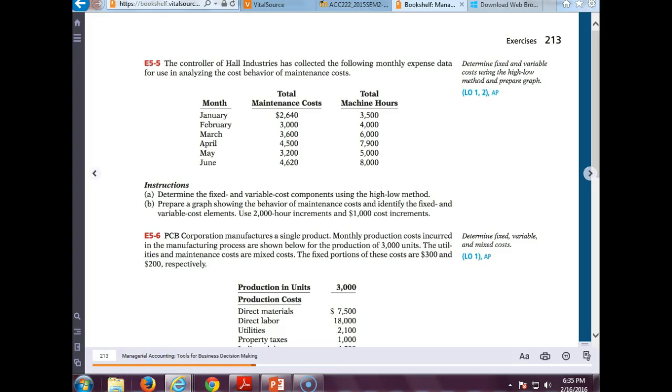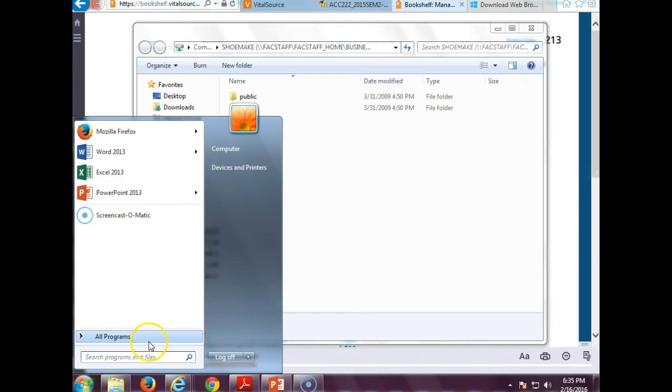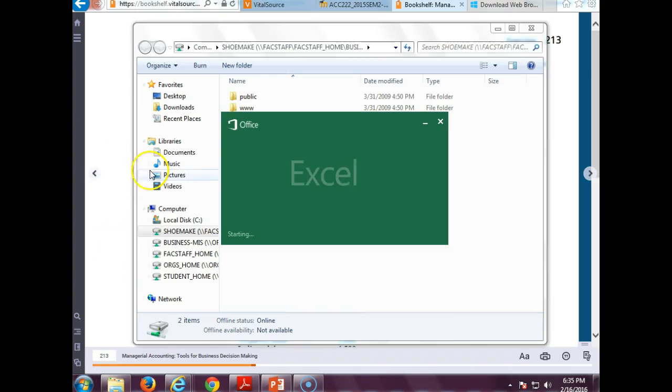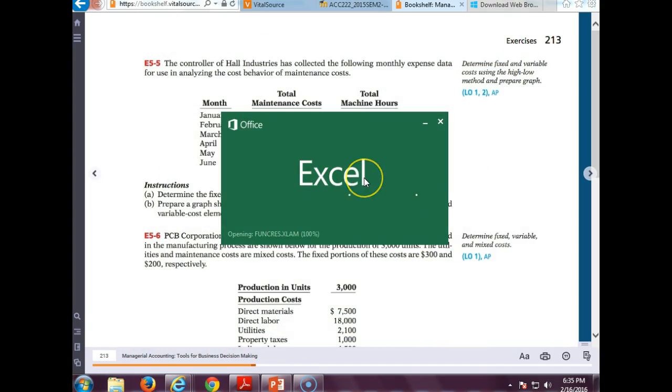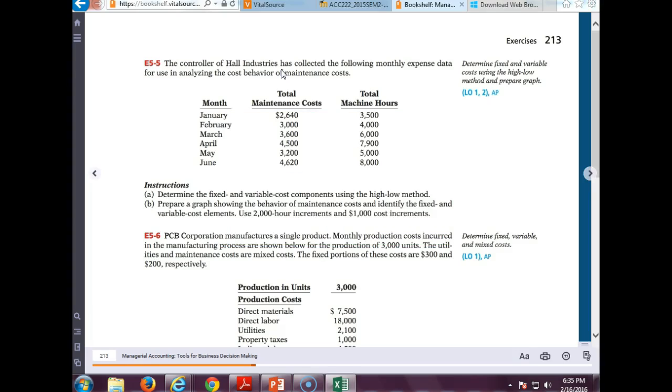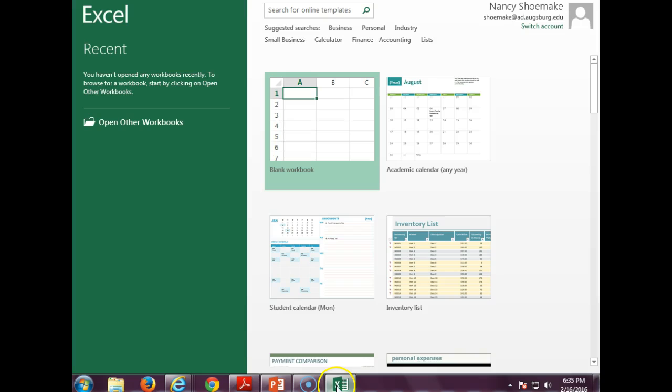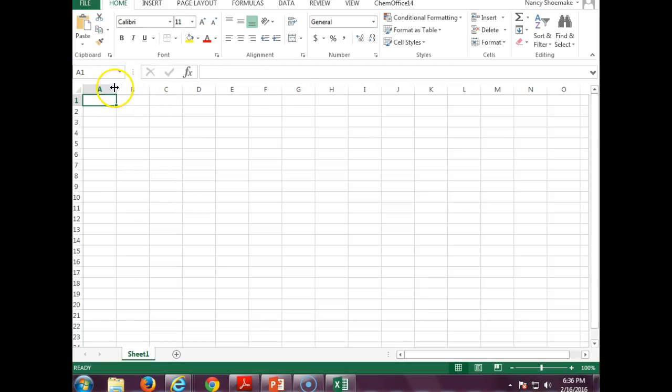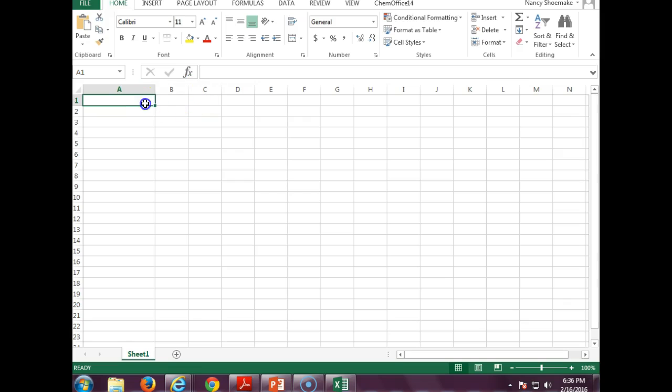So let's go in here and come up with our maintenance costs.